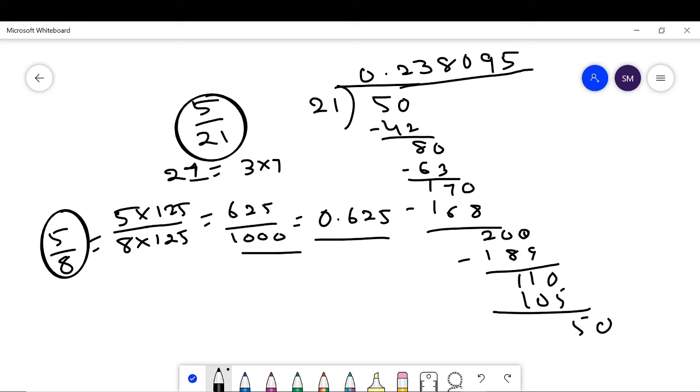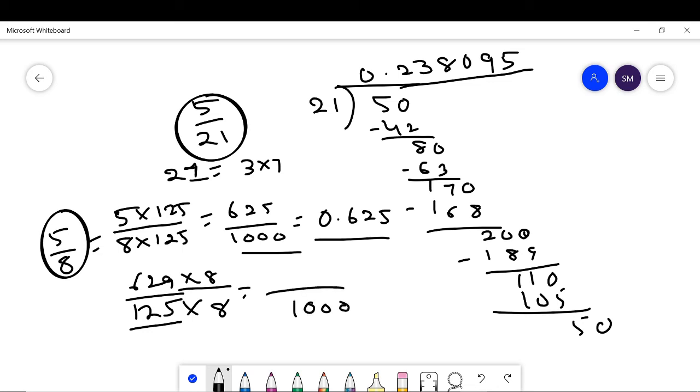Suppose we get a number 629 upon 125. Do we get a terminating decimal number? Look at the denominator. This is 125. If we prime factorize it, we get 125 is only multiples of 5. Then we must get a terminating decimal. 125 must be multiplied with 8 to get 1000.